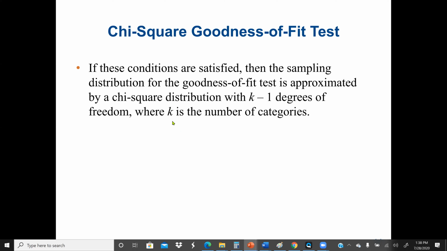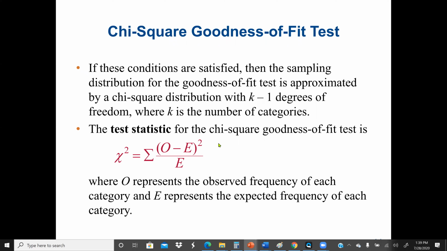We need the row of degrees of freedom, then we go to the column for the relevant level. Now that we have the observed and expected frequencies, we can find the test statistic. Chi-square is the sum of observed minus expected, all squared, divided by expected.